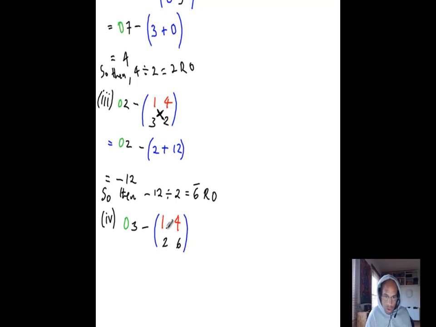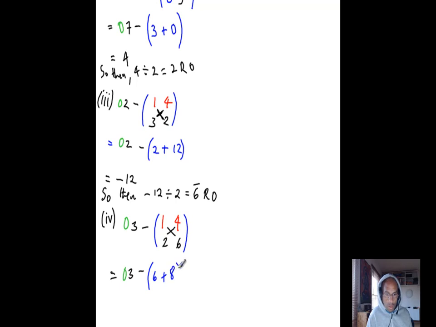Use the other parenthesis there. And then cross multiply, like so. Let's just write it again. 0, 3, take away, and then parentheses, you've got 1 times 6, which is 6, add 8.